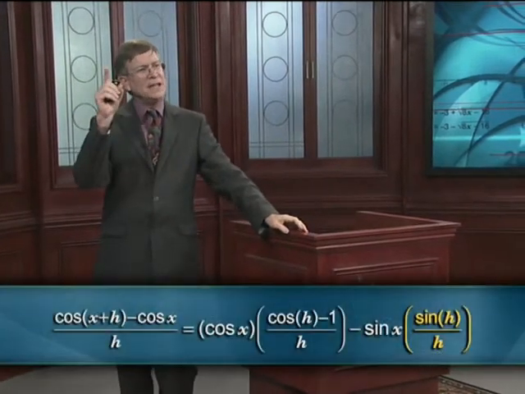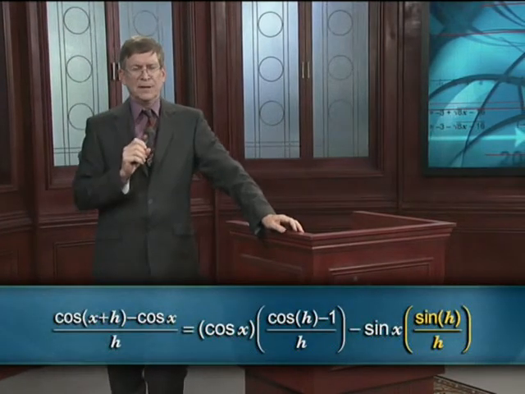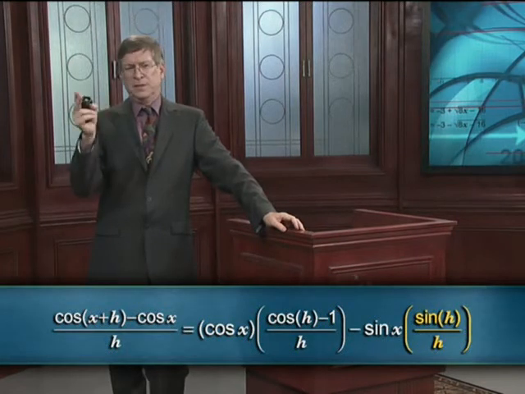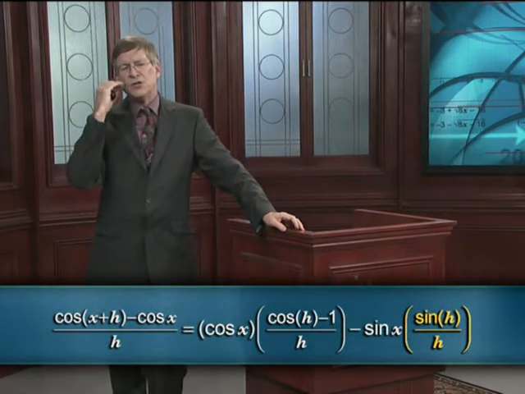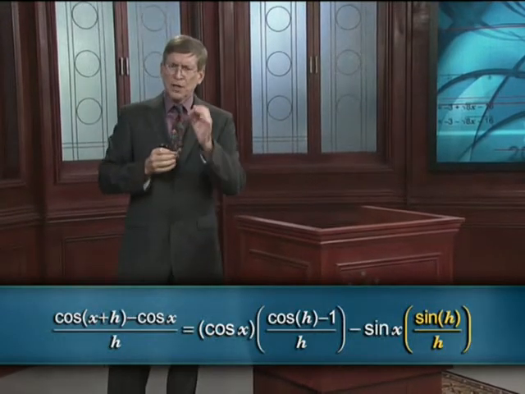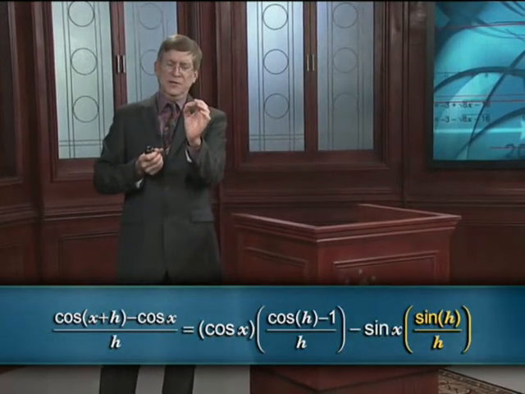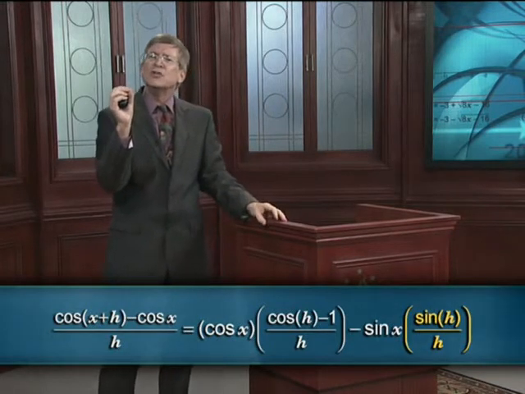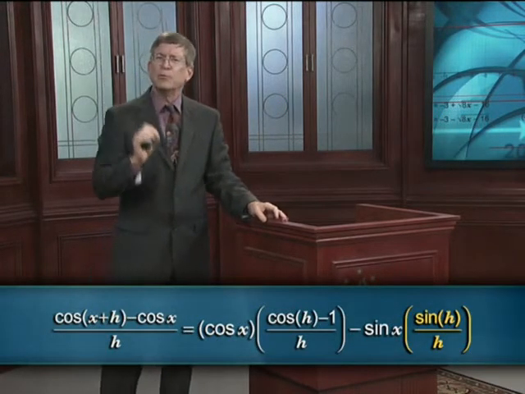Okay, so we've simplified this expression for slope to a difference of two kind of ugly terms. But now you might recognize the second one there, sine h over h. We saw it last lecture as sine x over x, but the variable doesn't matter, sine h over h. And I ask you the following question. It's not defined when h is 0, is it? That's obvious. But when h is really small, what does that approach?